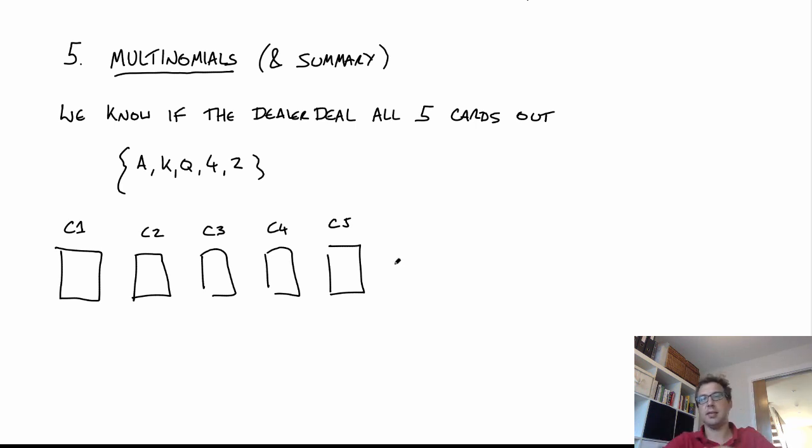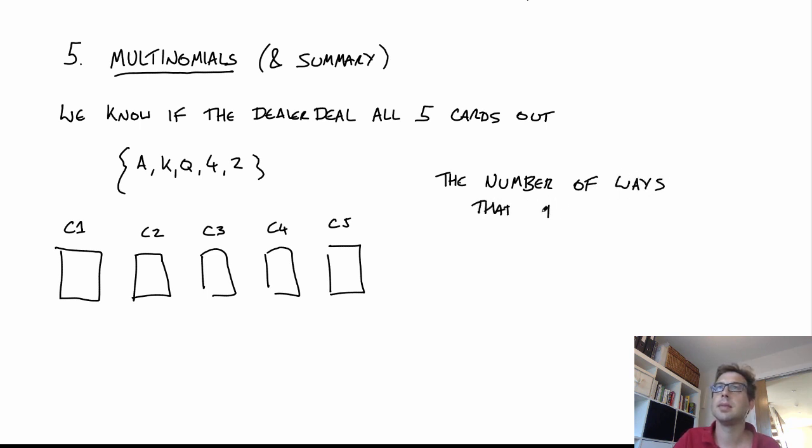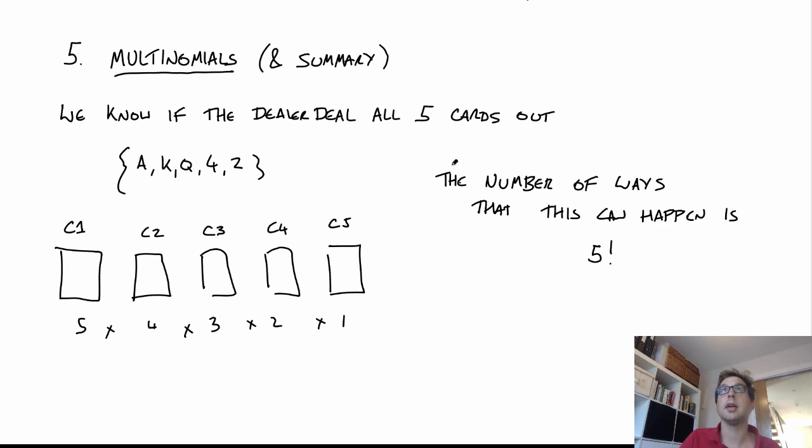The number of ways that this can happen is, in this case, 5 factorial. There are 5 things that can happen to the first card, but once that's set, there's only 4 things left that can go into the next card, and then 3, and then 2, and then 1.